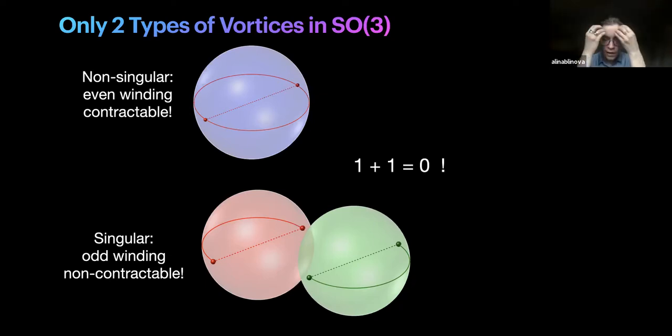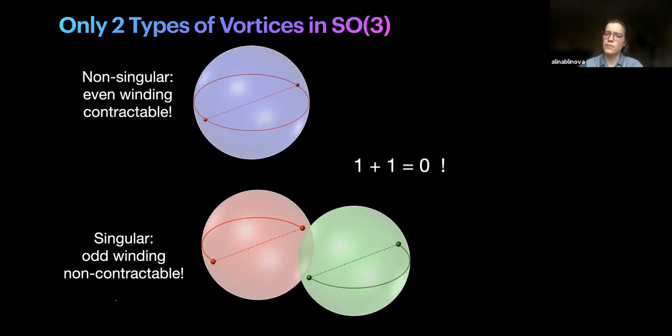In the ferromagnetic phase, there are 2 types of vortices possible, and it's a pretty unique system because all that matters is whether the winding number is even or odd. Any even winding number will contract down to 0, whereas an odd winding number gives you a true topological excitation, a vortex, which is a non-contractible loop.